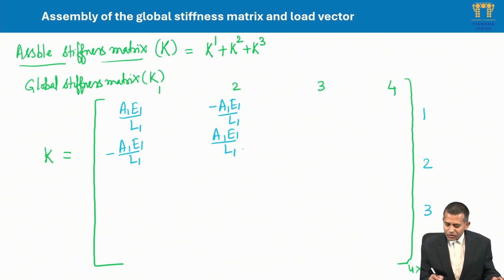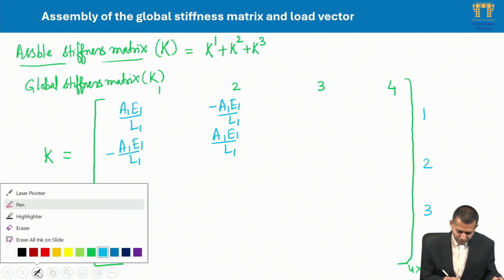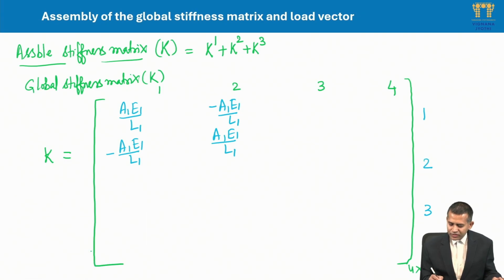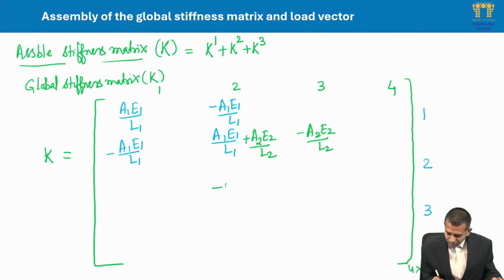Here you are adding up the values of element 2. For element 2 we have the values A2 E2 by L2, minus A2 E2 by L2, and here again at third you have A2 E2 by L2 and A2 E2 by L2.